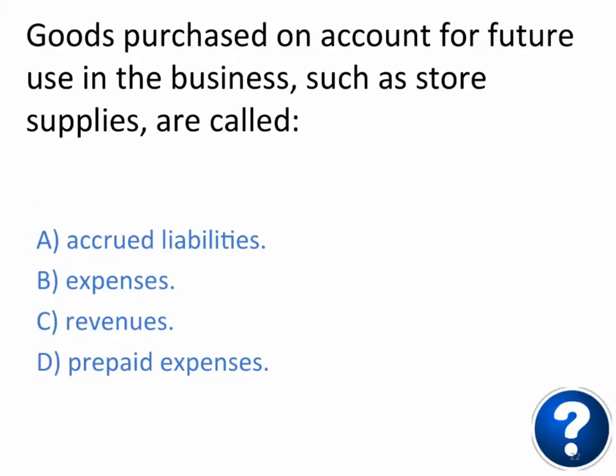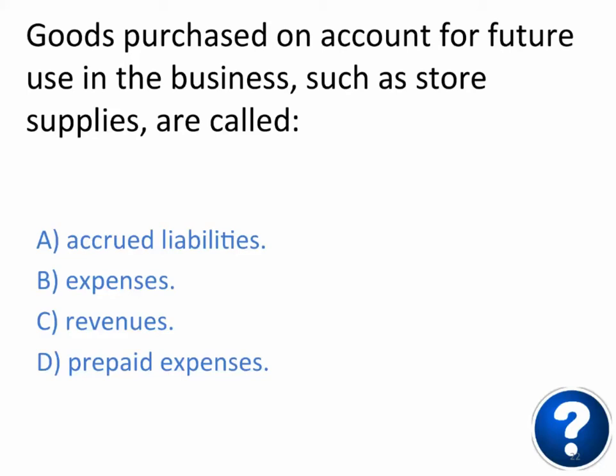Okay, another one. Goods purchased on account for future use in the business, such as store supplies, are called A, accrued liabilities, B, expenses, C, revenues, or D, prepaid expenses. What do you think?